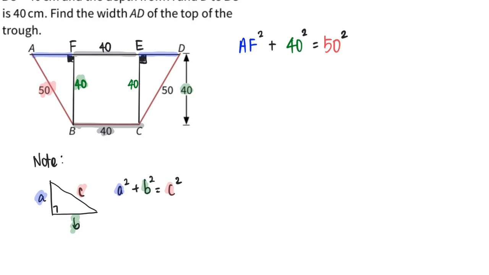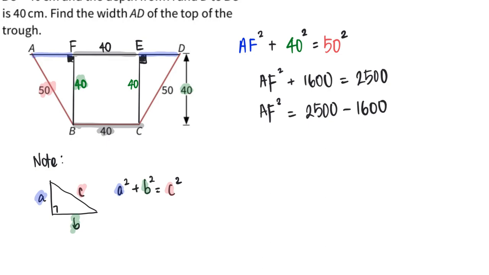Okay, so from here I will then be able to get my AF square easily. AF square plus 1600 equals 2500, and I'm going to minus 1600 on both sides, and eventually I can get my AF, which is square root 900 to give me 30.